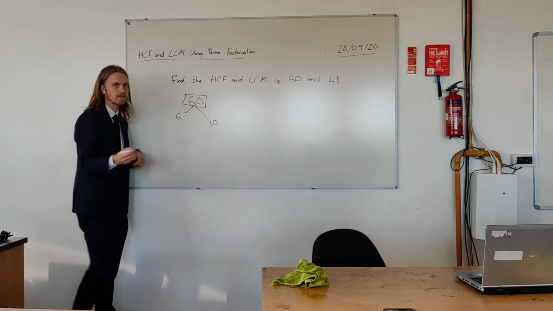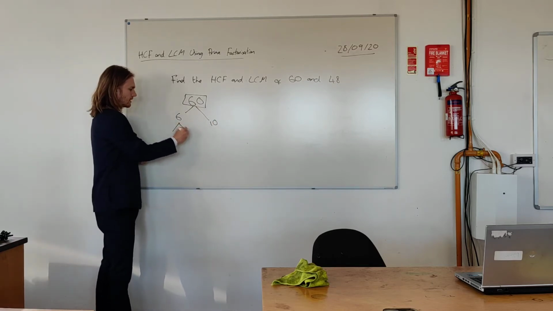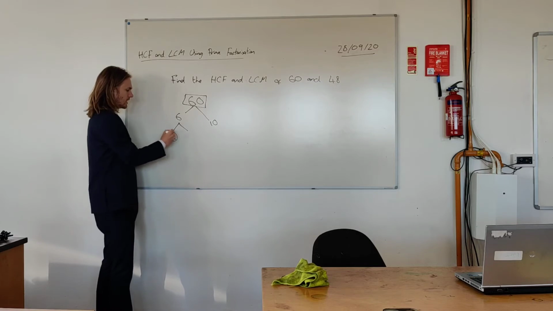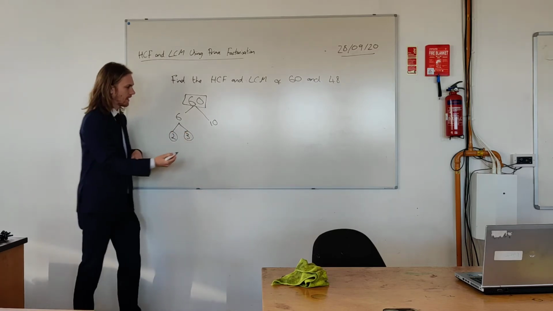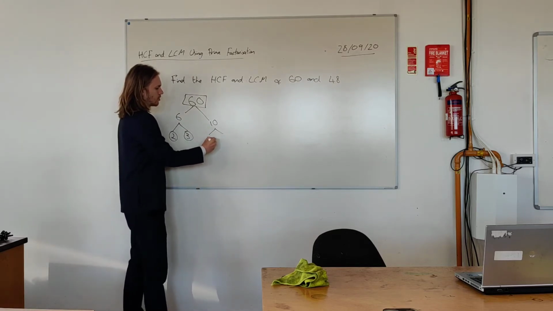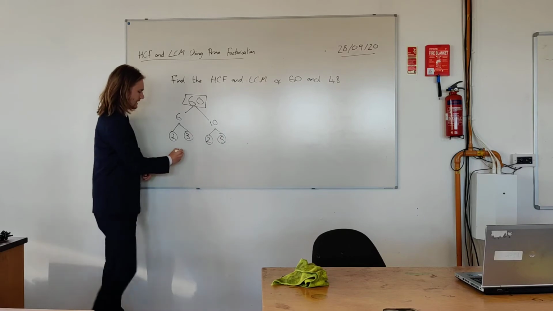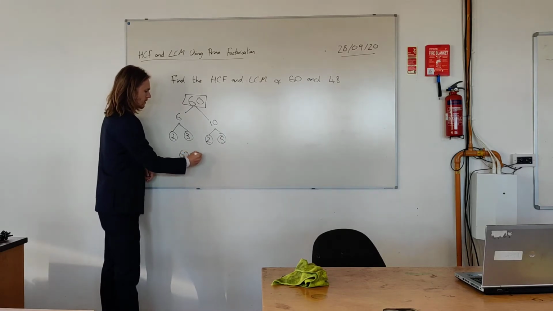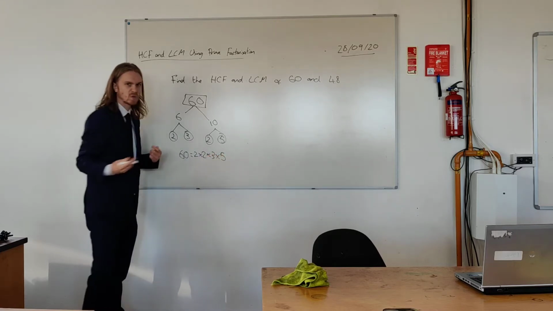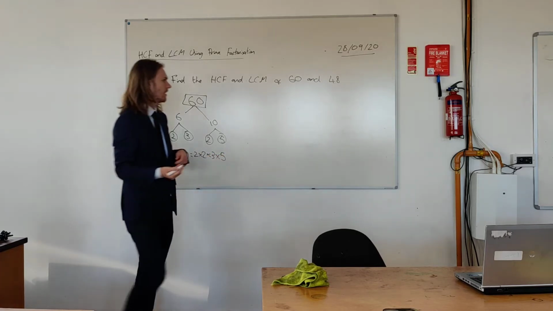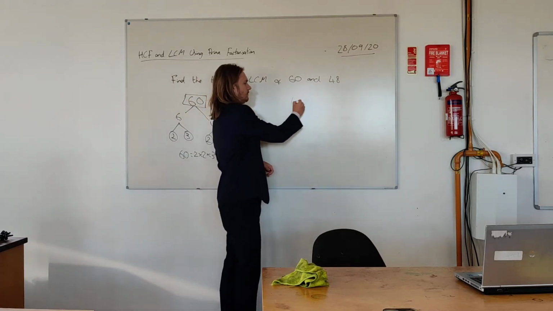Neither of those are prime, so I'm going to break them down a bit more. 6 breaks to 2, which is prime, and 3, which is prime, and 10 breaks to 2 and 5, which are both prime. So 60 is 2 times 2 times 3 times 5, or 2 squared times 3 times 5 if you prefer.